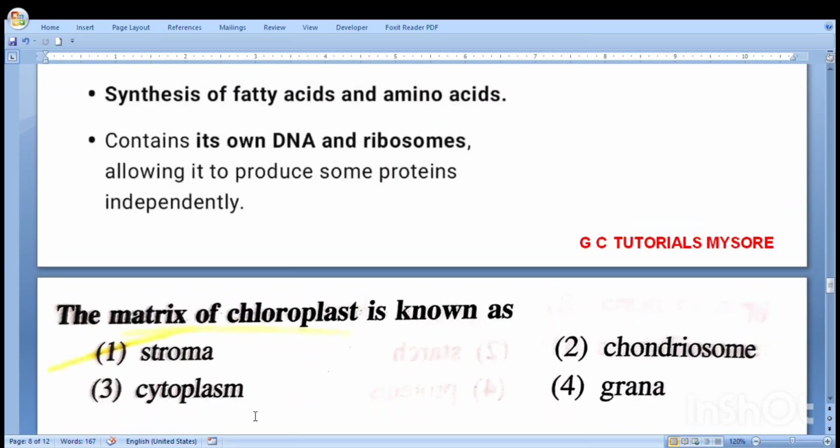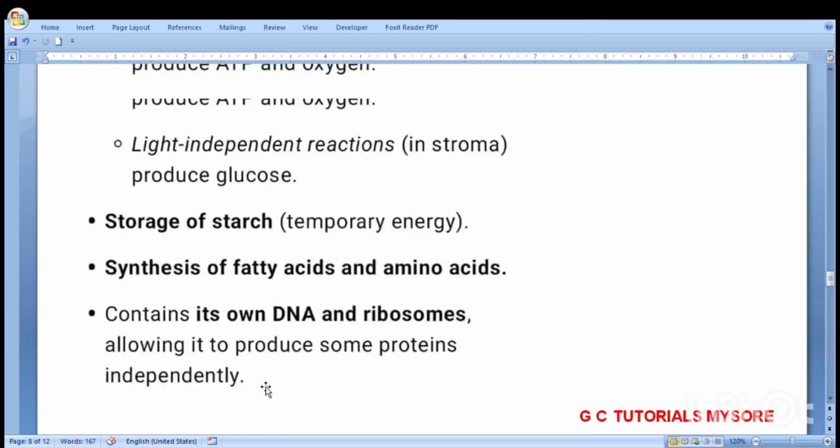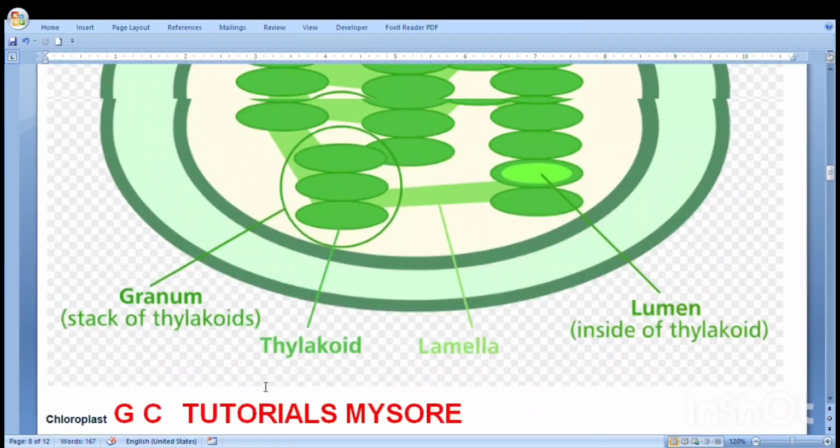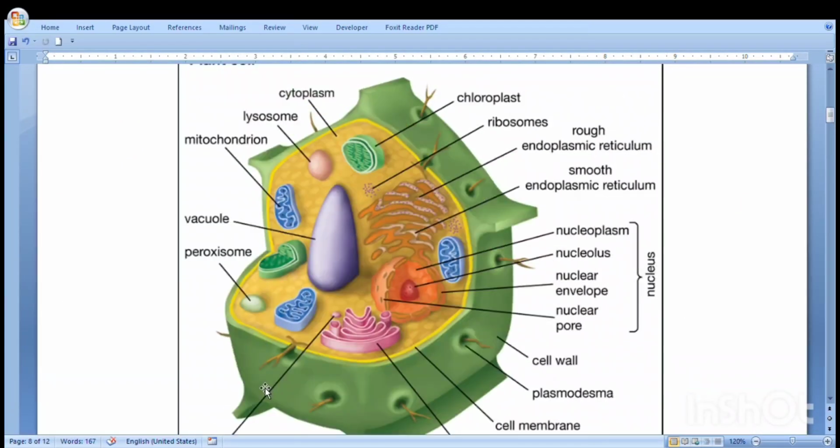What is cytoplasm? Cytoplasm is the jelly-like substance inside the cell that surrounds the nucleus and fills the space between the cell membrane and the organelles. We studied this yesterday also. This yellowish area is the cytoplasmic area.